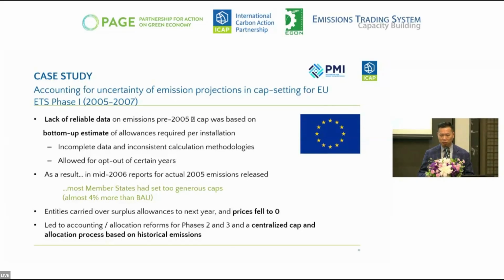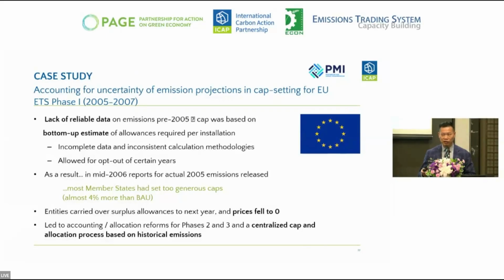So in the mid-2006 reports, it was found that a lot of allowances had been over-allocated, which means everyone already had enough allowances. There was no need to buy any allowance. So we saw the EU carbon price in 2005 was like 25 to 30 euros per ton, but after this report, it dropped down to 0.